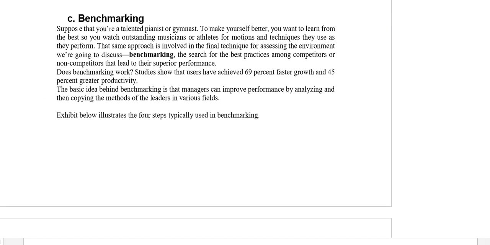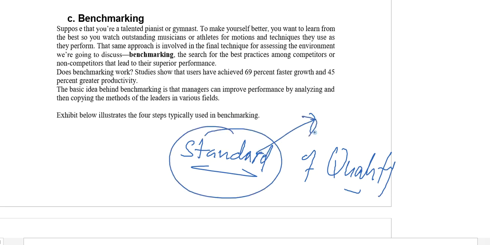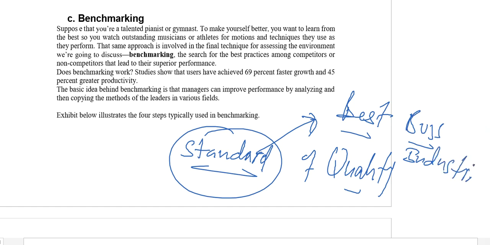Students, our next topic is benchmarking. Benchmark means the standard of quality. Or, on the other hand, we can say it is the best business or the best industrial practice.